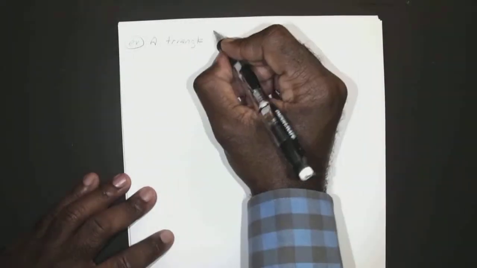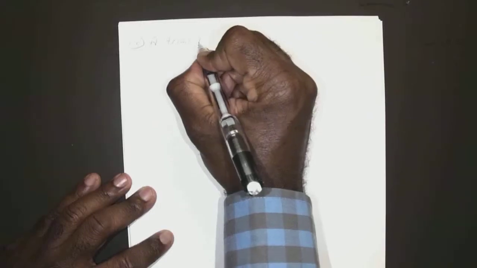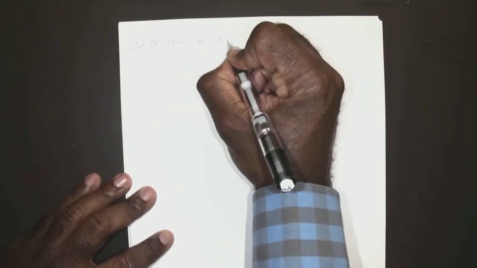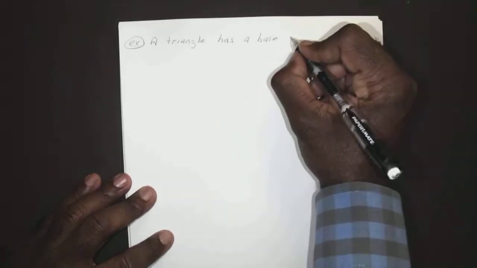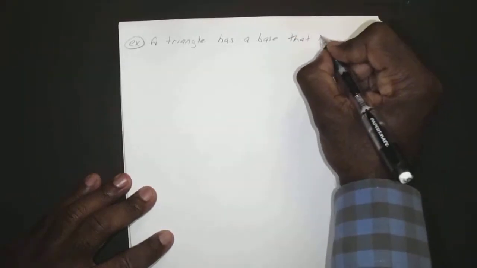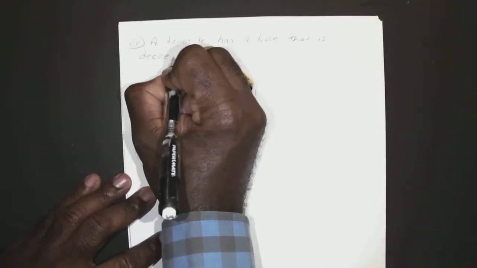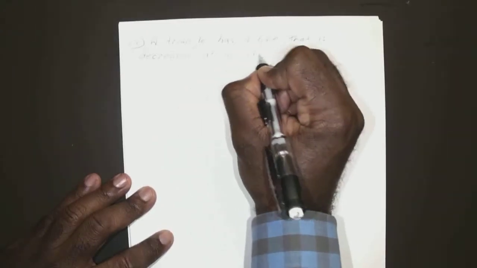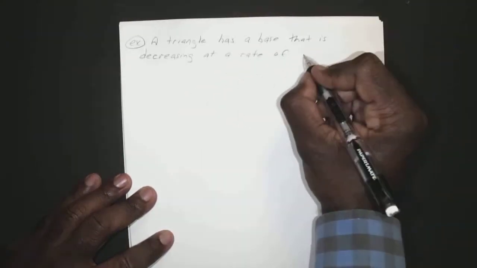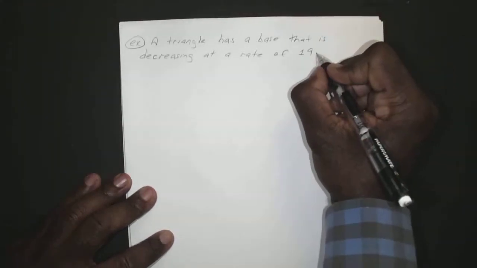Okay, so a triangle has a base that is decreasing at a rate of 19 millimeters per minute.